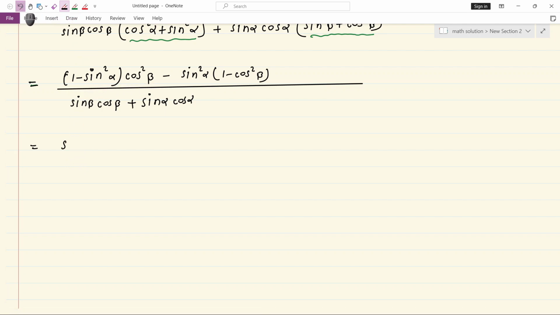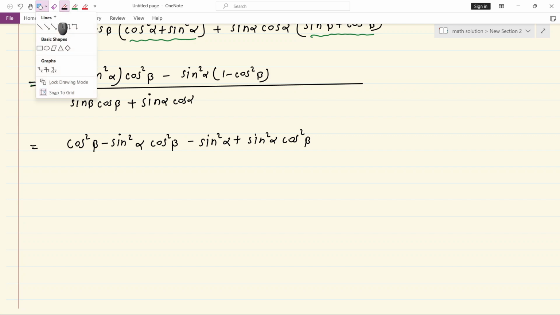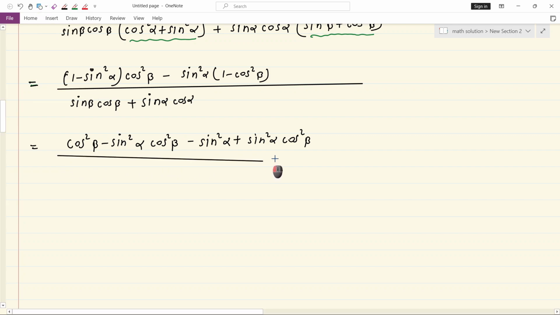So cos square beta multiplied with this gives cos square beta minus sin square alpha cos square beta. Similarly minus sin square alpha plus sin square alpha cos square beta. Now it has become easier.